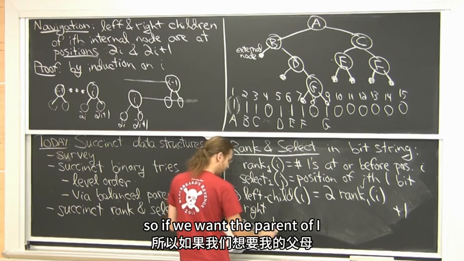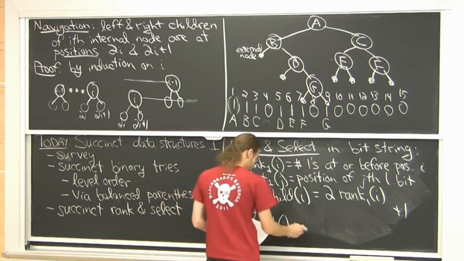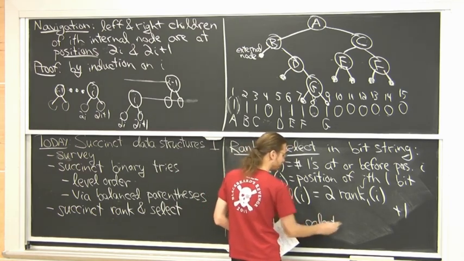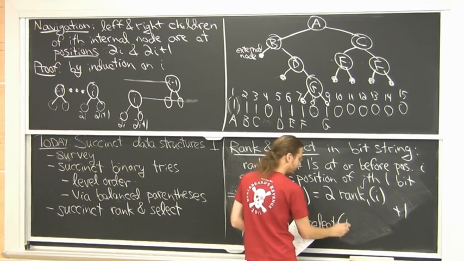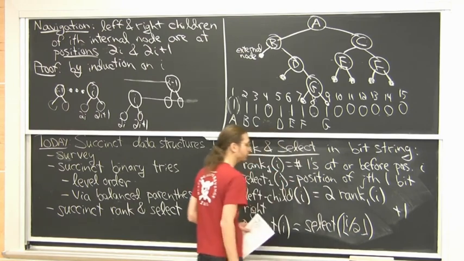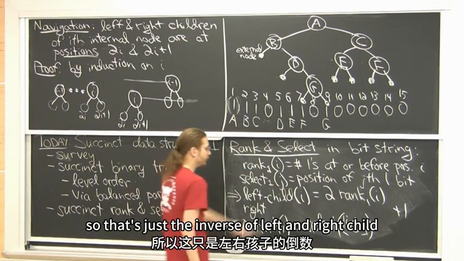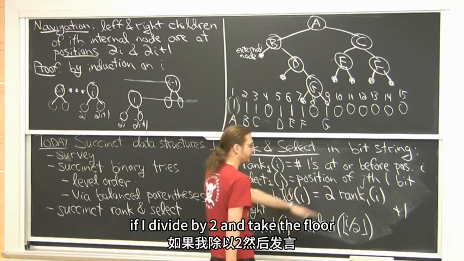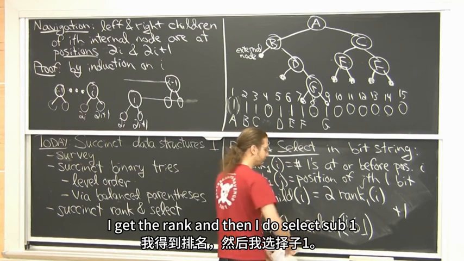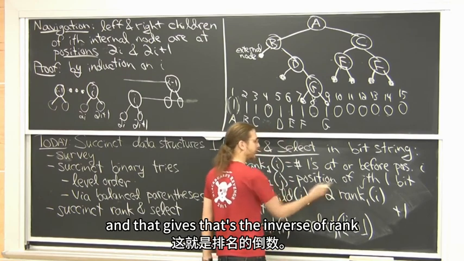So if we want the parent of i, this is going to be select of floor of i over 2. So that's just the inverse of left and right child. If I divide by 2 and take the floor, I get rid of that plus 1, I get the rank, and then I do select sub 1, and that's the inverse of rank.